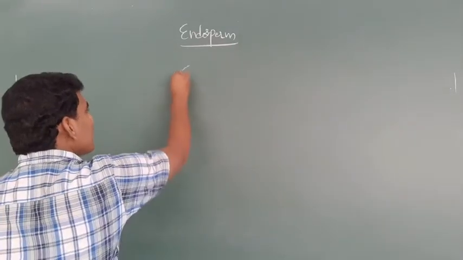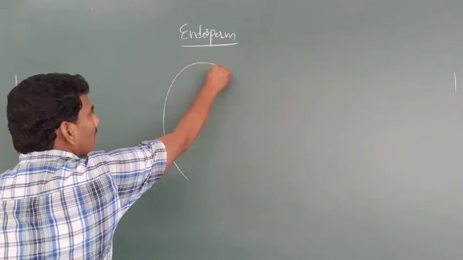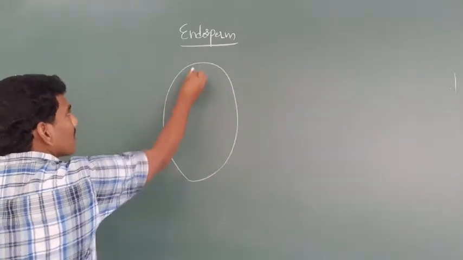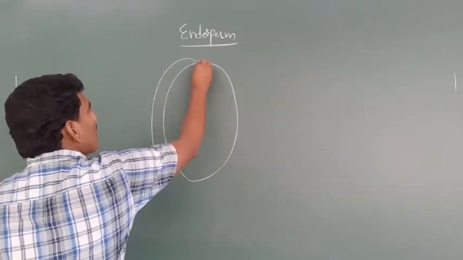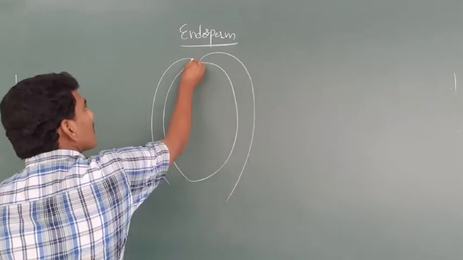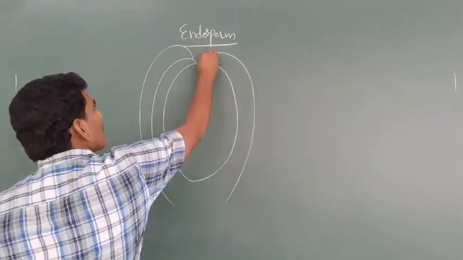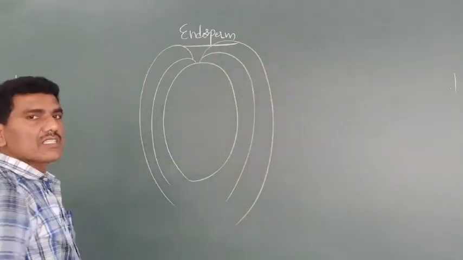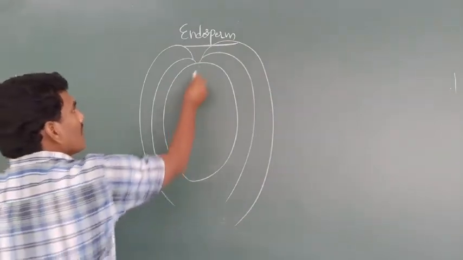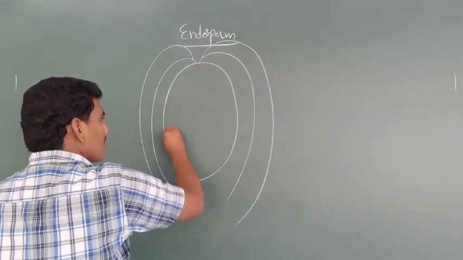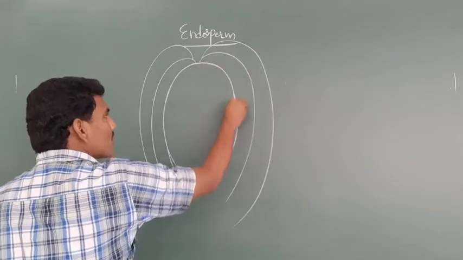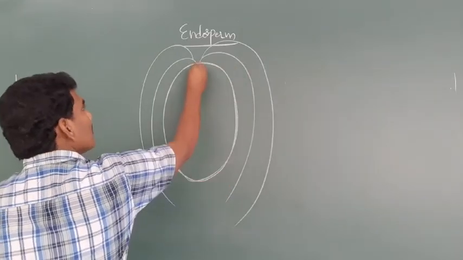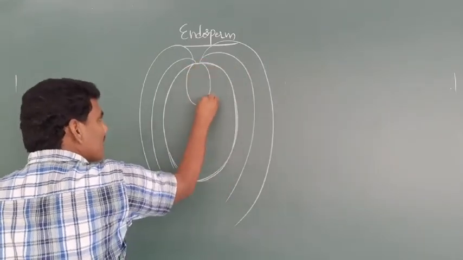Here, generally, this is one embryo sac. These are integuments. In the embryo sac, this is an egg.